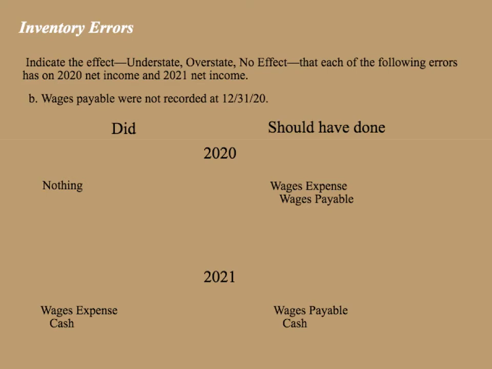How about this one? This is wages payable. Wages payable were not accrued at year end at 12/31/20. So what we did was nothing. What we should have done is increase our expenses. As a result, our expenses are too low, understated. So that means net income is overstated, because it's an adverse relationship.